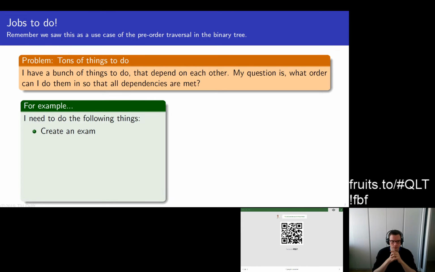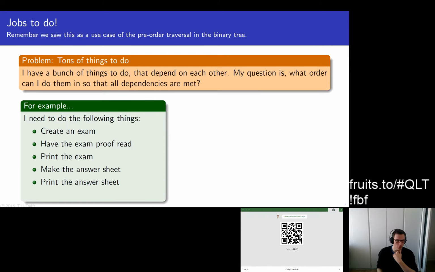Now, consider as an example that I need to create an exam, then I have to proofread the exam and I need to print the exam, I need to make an answer sheet and print the answer sheet, and finally I need to bring everything to the exam location. Right? A simple set of 6 tasks.